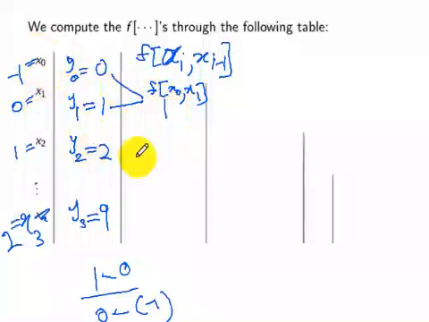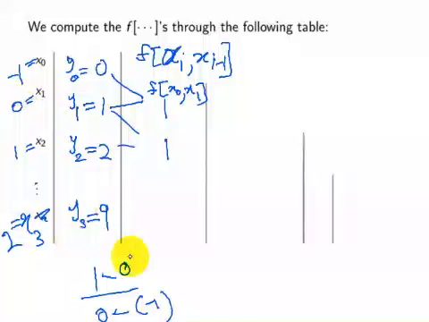Now we move to the other one. We consider these two neighboring points, and the corresponding y's are these. The difference between y values, 2 take away 1, would be 1, divided by 1 take away 0, which is 1. This one also is 1.